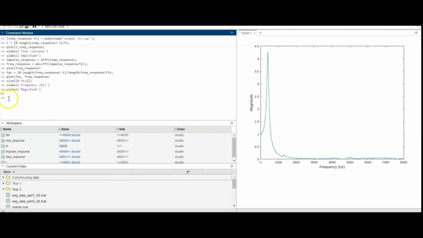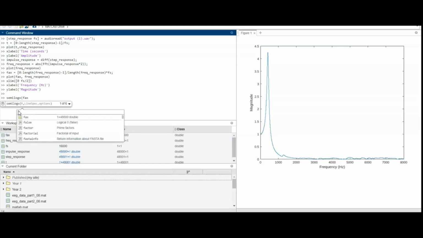So now we're going to do the Bode plot for this system, and a Bode plot is a semi-log plot, so that's what we're going to use. Semilogx of the frequency axis on the x-axis, and that's what's going to be in log.